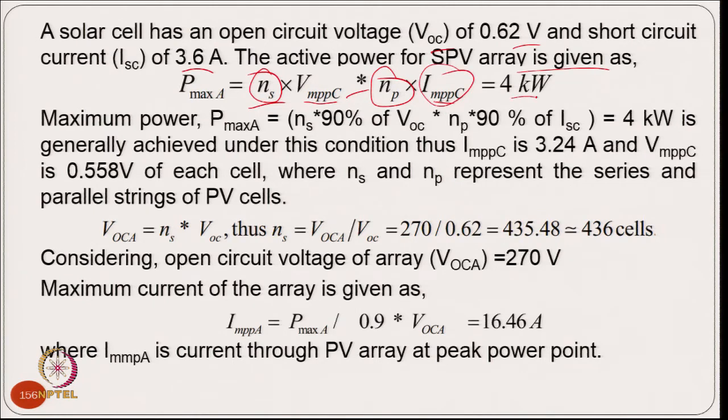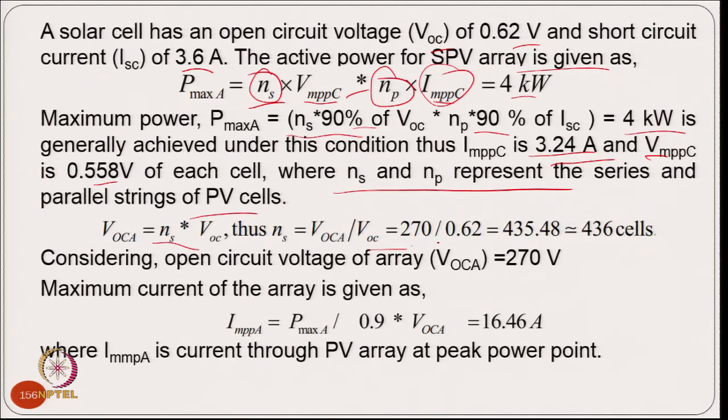That is equal to 4 kilowatt. Normally, the maximum power occurs at 90% of the open circuit voltage and 90% of the short circuit current. So, we have an MPPT current of 3.24 and an MPPT voltage of 0.558 for each cell, where N_P and N_S represent the parallel and series strings of PV cells.